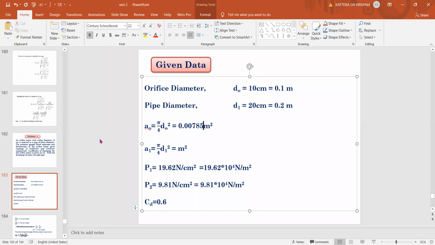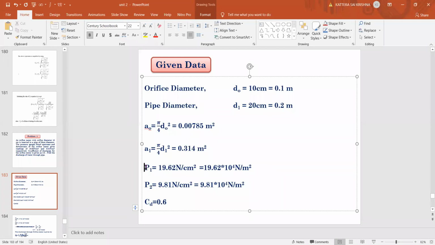So this is the area for the orifice. Next, the cross-sectional area of the pipe, A1, is equal to pi by 4 into 0.2 square. So pi by 4 into 0.2 square is 0.0314 meter square. Next, what has he given? He has given the pressures at 1 and 2, the pressure in the pipe and the pressure at the throat.